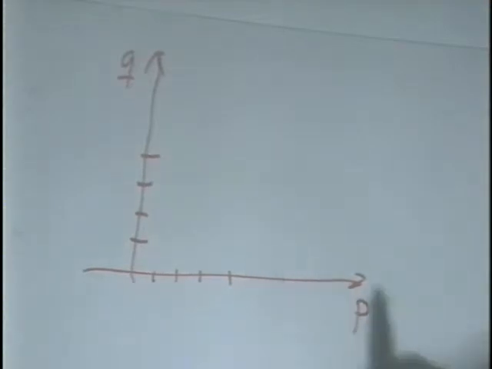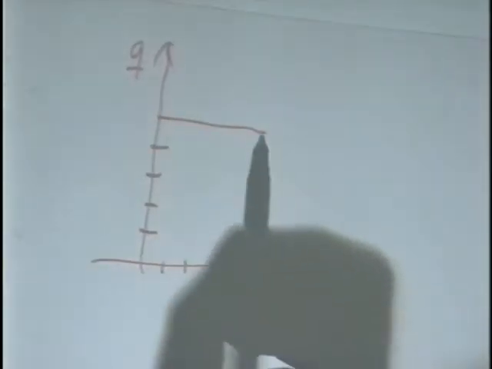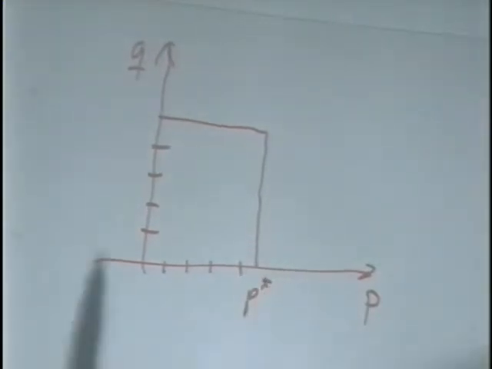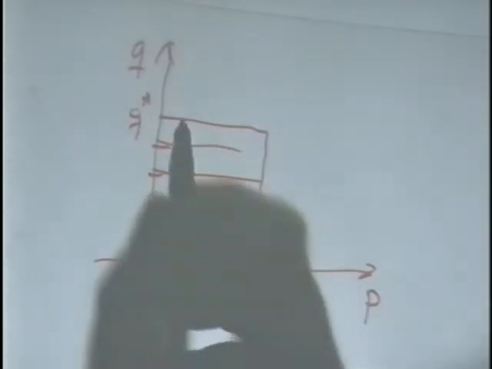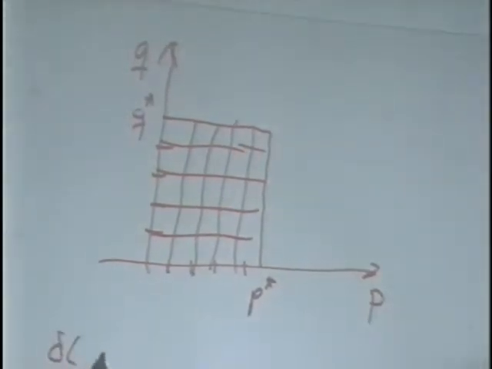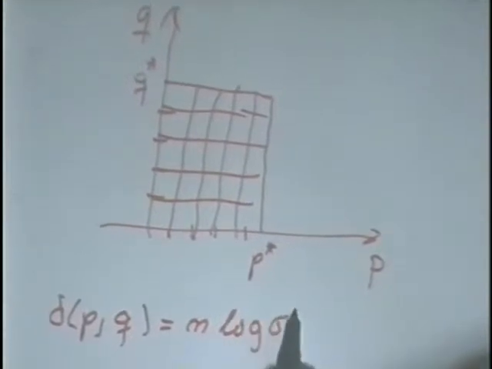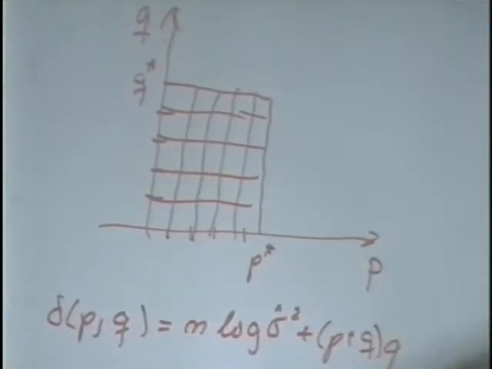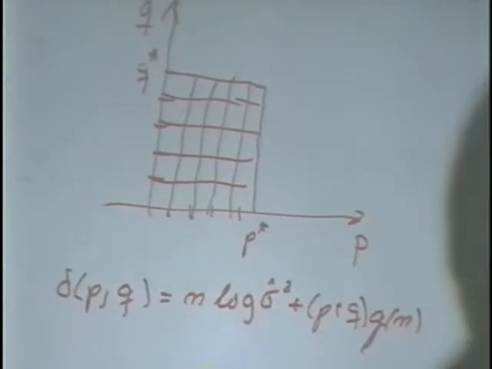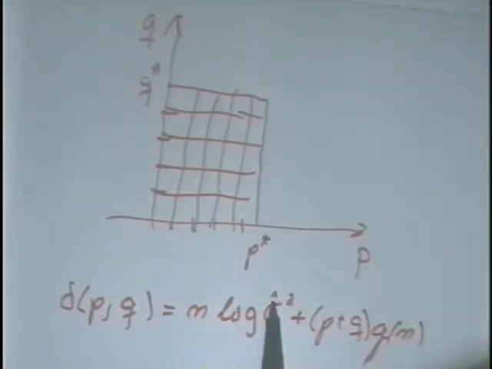We could set, let's say, maximum orders p star and q star, and then estimate all of the models in this grid and select that model that minimizes the order selection criterion, let's say delta_pq, which is n multiplied by log sigma squared hat plus the number of parameters p plus q times, let's say, a penalty term c(n), which might be, for example, log n, and sigma squared hat is the maximum likelihood estimate for the innovation variance.